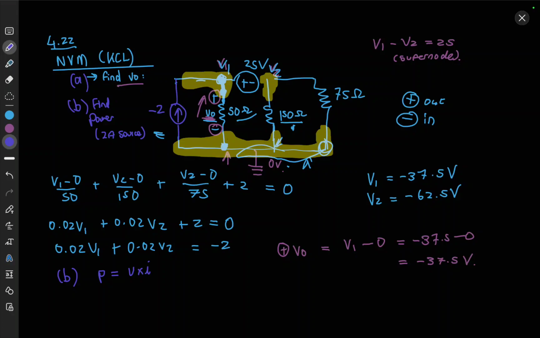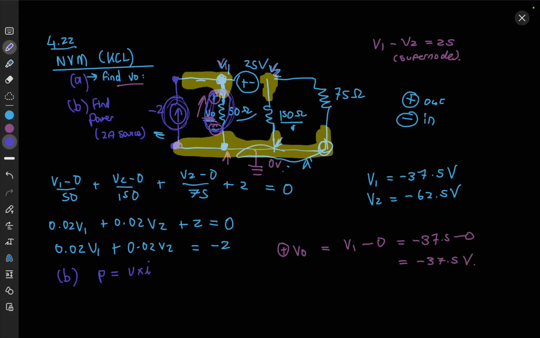And in this case, we know V0, right? V0 is going to be exactly the same over this source because, well, it's not voltage divider, but things in parallel with each other have the same voltage, and this V0, which is over this resistor, is in parallel with this source.